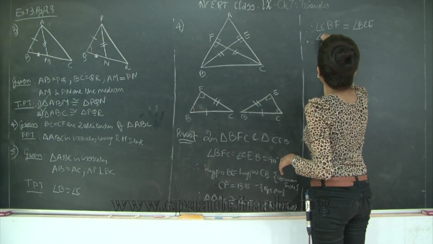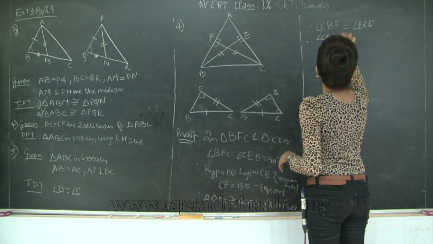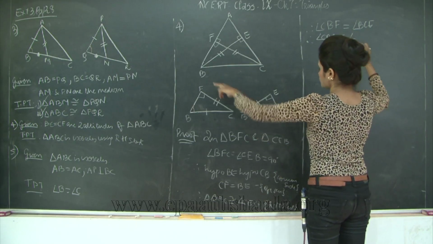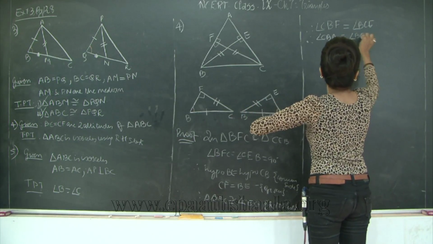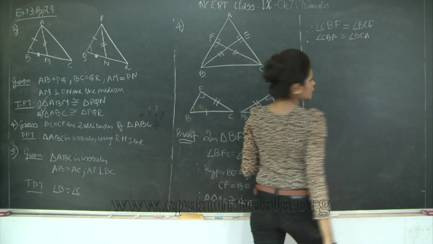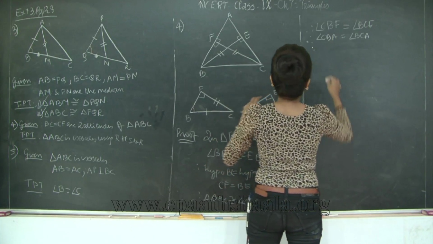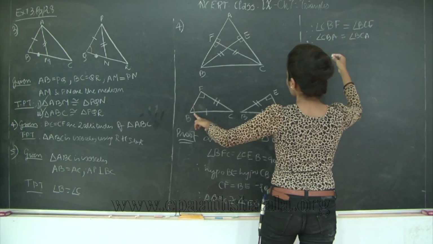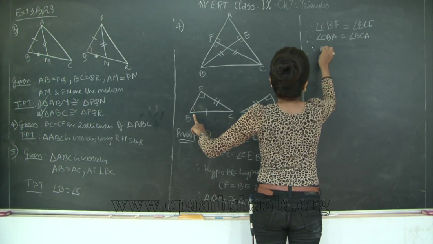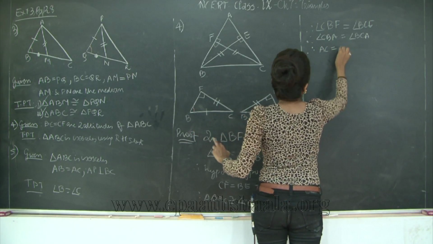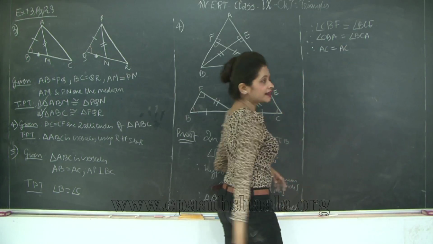Therefore, angle CBA is equal to angle BCA, which implies that the opposite sides are equal. So, which is the opposite side to my angle B? It's going to be AC is equal to AB, correct.